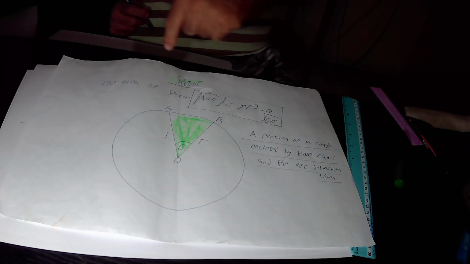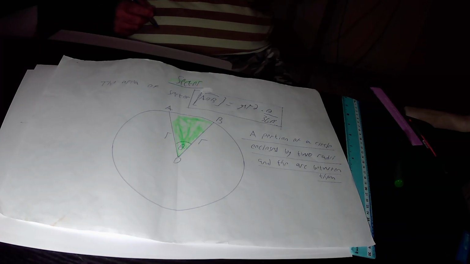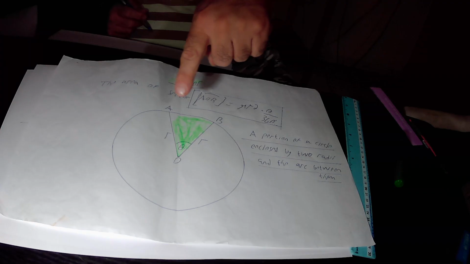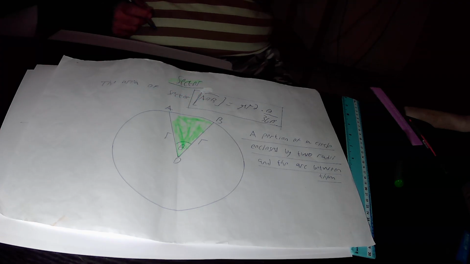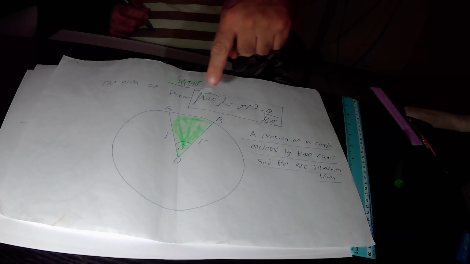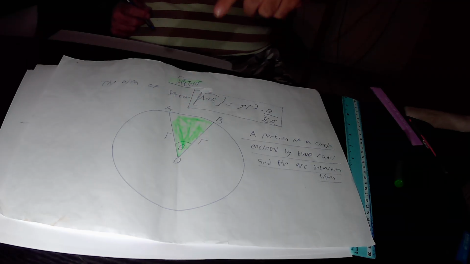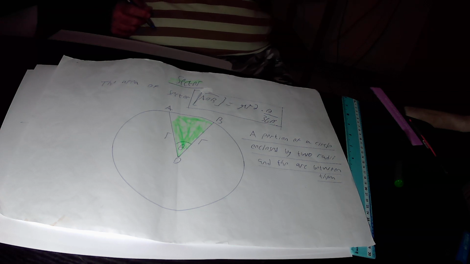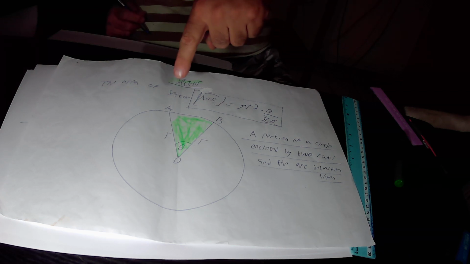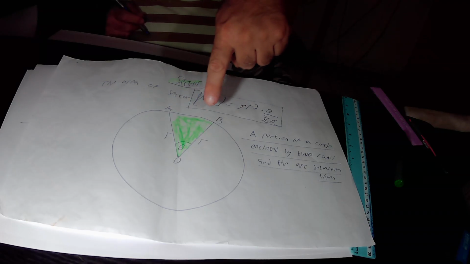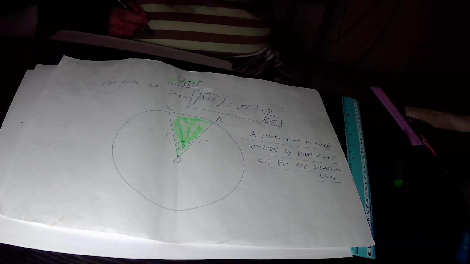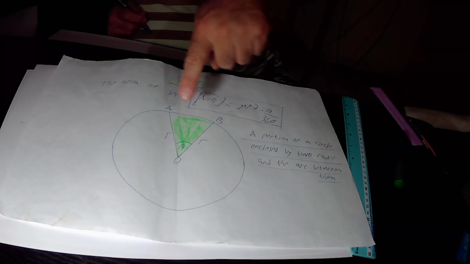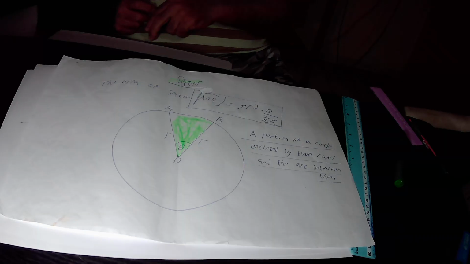You can see that it is a portion of a circle with two radii, and the arc AB that is enclosed between the two radii. So this is sector AOB. The two radii AO and BO are defined as the legs of the sector. The angle between the legs of the sector AO and BO is theta.